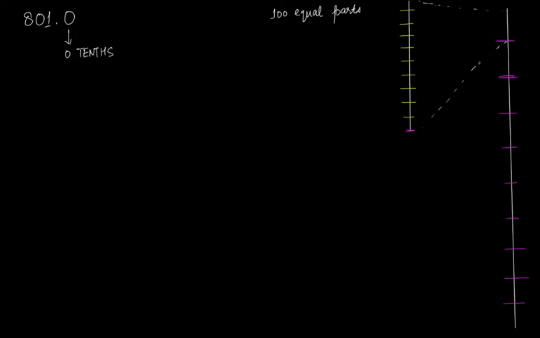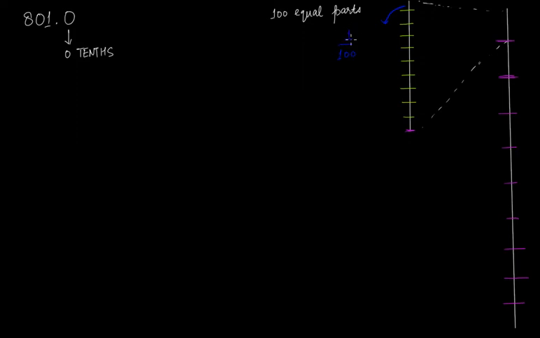If I talk about this portion, what portion will it represent out of these 100 equal parts? This will be 1 over 100. Why 1?